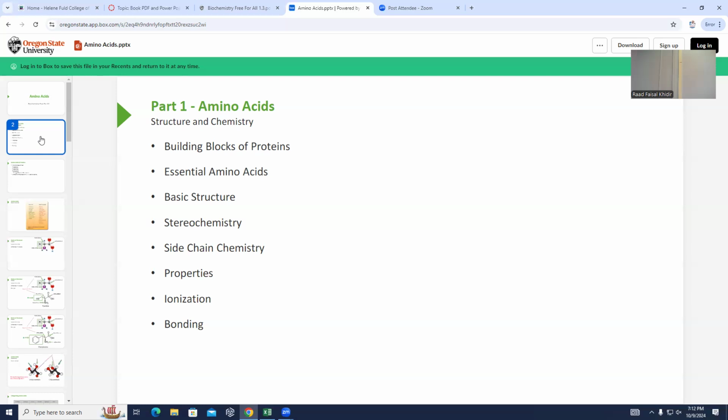Intra is inside, within. Inter is between two molecules. Like the water, it was like that. That's water molecule number 1. That's water molecule number 2, H2O, right?